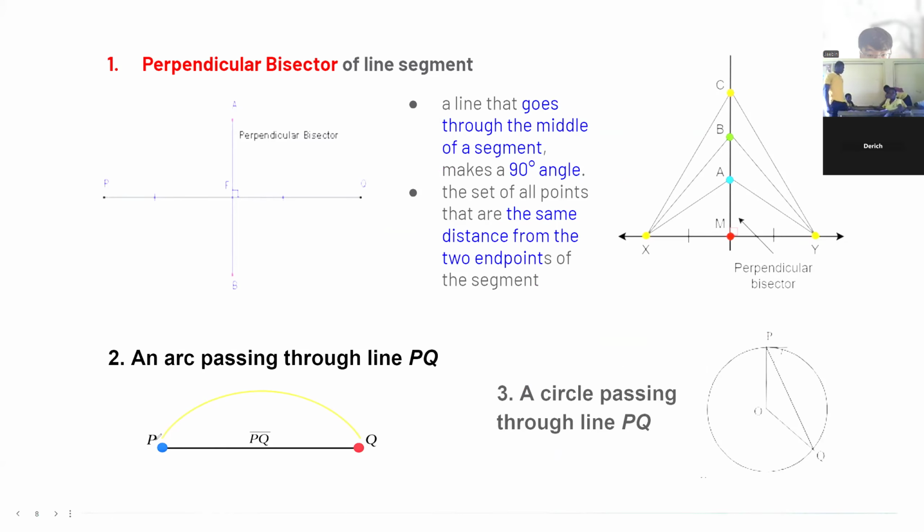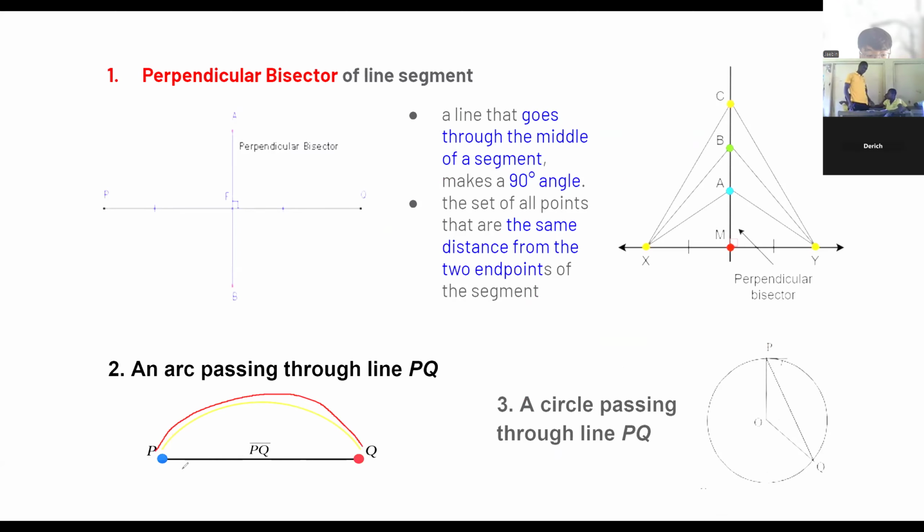It's an arc. If this line is PQ, this is the arc. And a circle passing through PQ would be if PQ is over here, then the circle is around PQ. So this is an example of an arc passing through PQ and a circle passing through PQ.